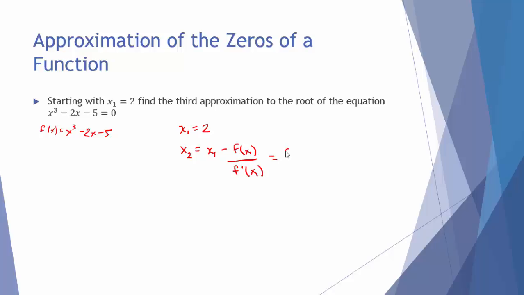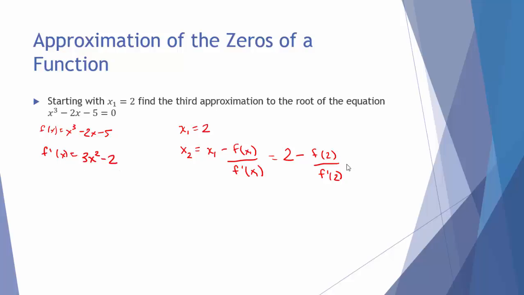So in other words, we need 2 minus f of 2 divided by f prime of 2. Now we've already identified f of x. What we need is the derivative of f for all x. Now the good news is this is a nice polynomial. It's pretty quick. It's 3x squared minus 2.